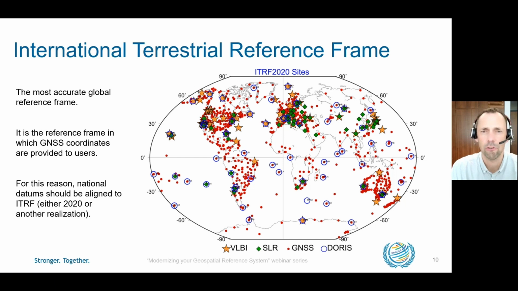The different signatures mark different geodetic techniques that contribute directly to the ITRF, where the red dots mark the GNSS sites, yellow stars the VLBI radio telescopes, green diamonds SLR, and blue circles the DORIS beacons. You can recognize that on some observation sites, several of these techniques are placed together. This is necessary to link the different techniques together.